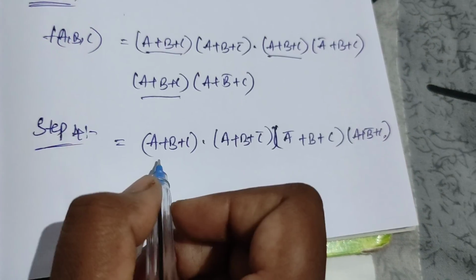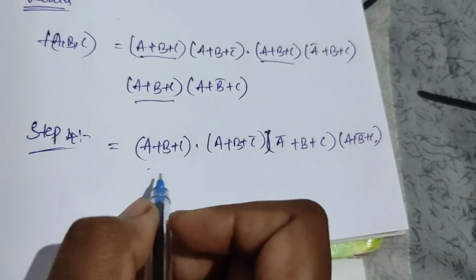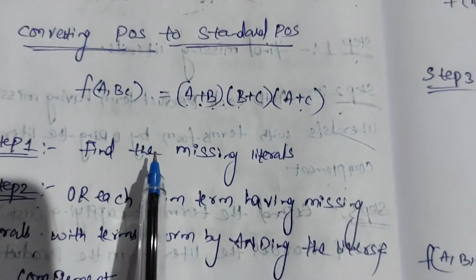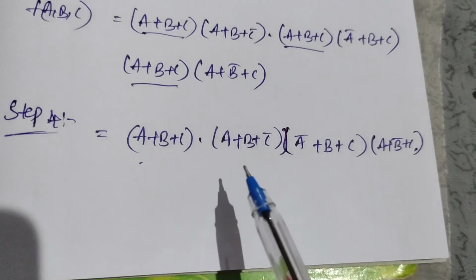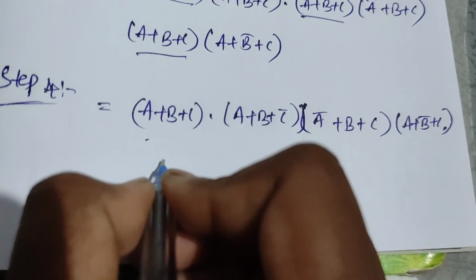So this is the standard POS. So we converted the product of sum to the standard product of sum. So this equation is known as canonical form.